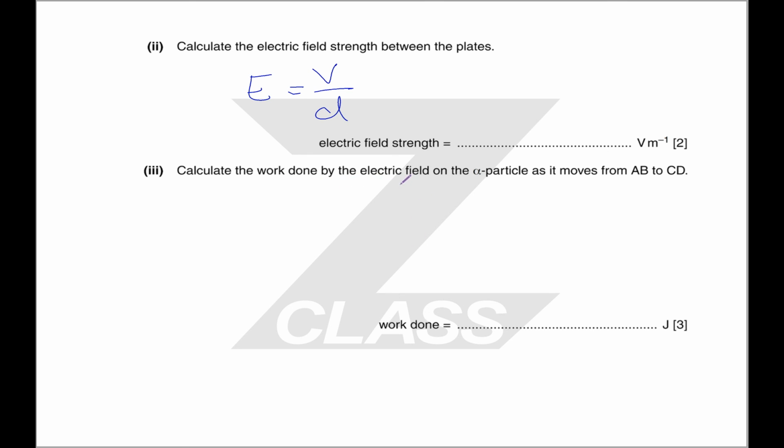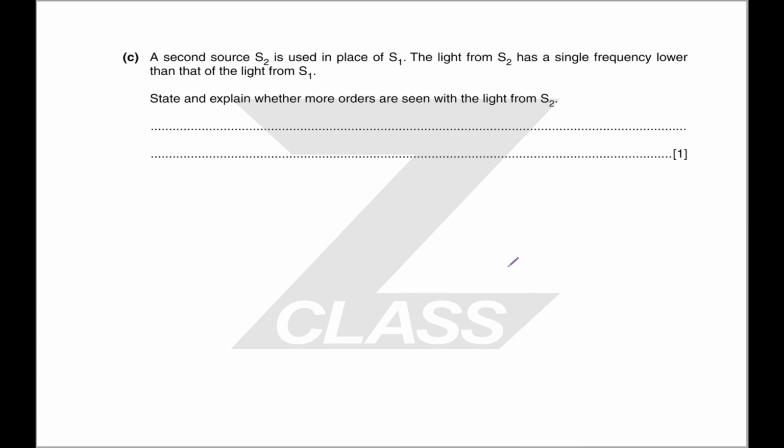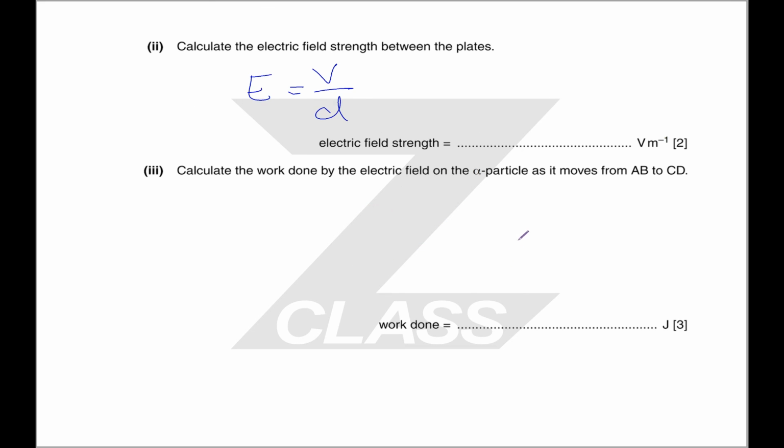Calculate the work done by the electric field on the alpha particle as it moves from AB to CD. Now, there are a couple of ways that you could do this. Either you can say, well, we have a constant force, so work done is equal to force times the distance traveled.